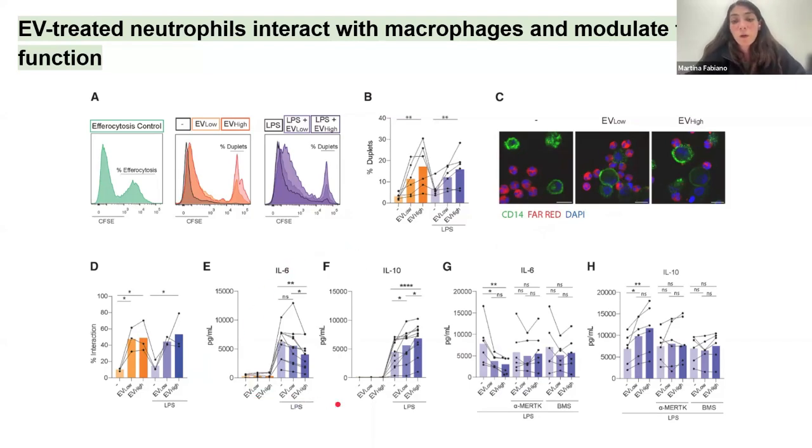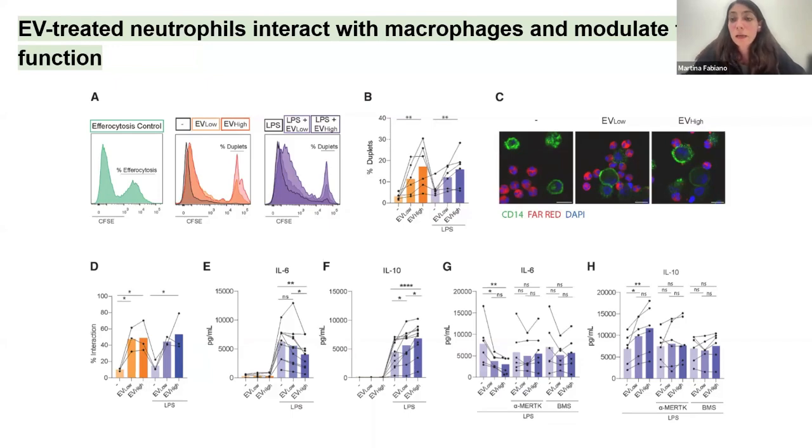However, we didn't know if this interaction could be modulating macrophages' response. So we designed an assay in which, instead of flow cytometry or microscopy, we analyzed the cytokine production of macrophages upon neutrophil co-incubation. We co-incubated EV-treated or untreated neutrophils with macrophages in presence or absence of LPS.